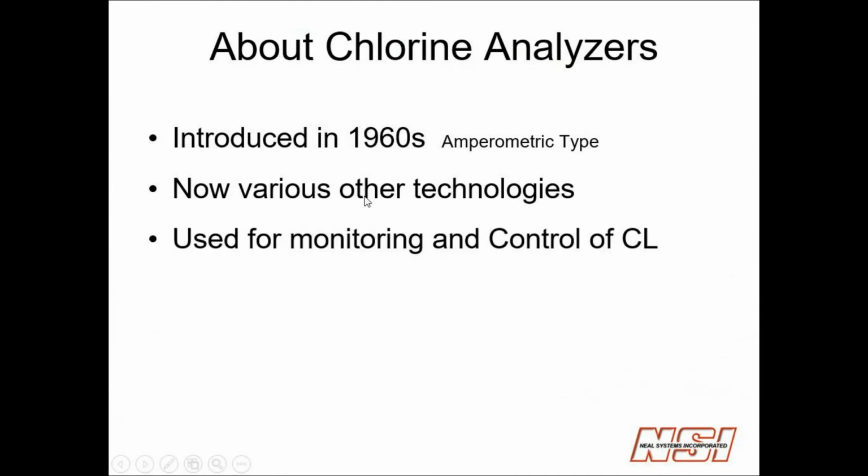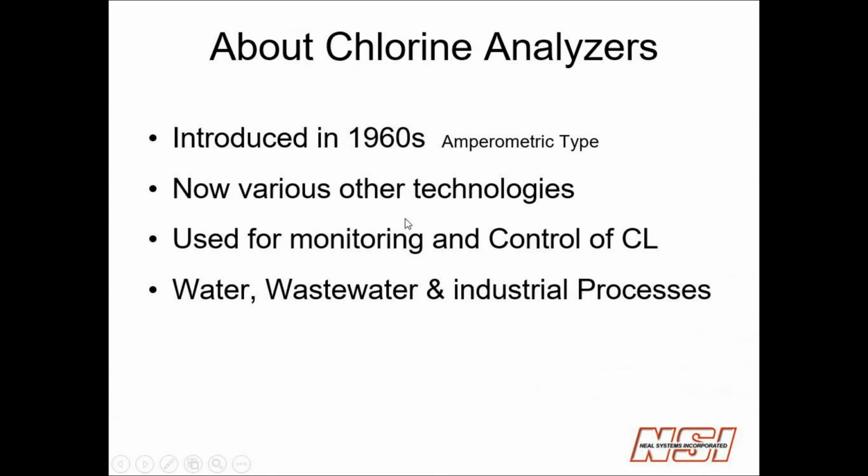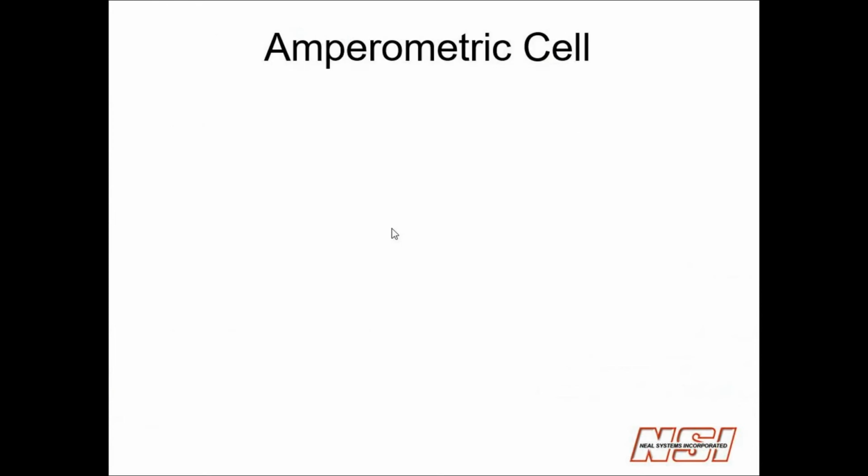We'll go over those. They're used for monitoring and control of chlorine in water, wastewater, and industrial processes. These analyzers are very sensitive to the application, so we want to make sure that you have the right analyzer for your application.